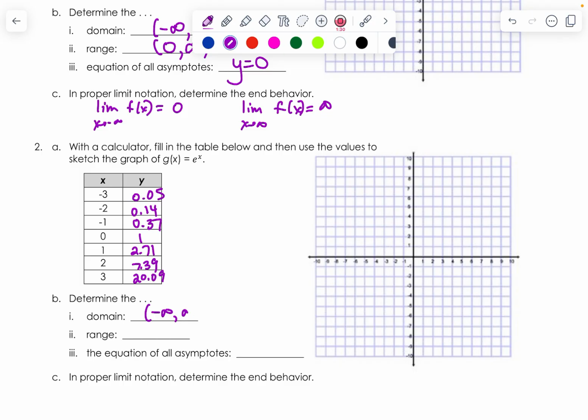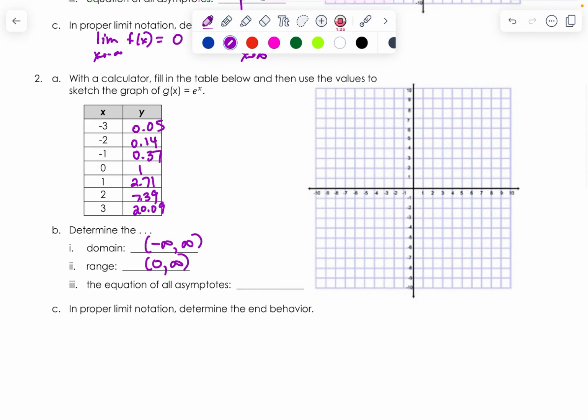So the domain for all exponential functions is negative infinity to infinity. The range starts with 0 to infinity, but if I shift the graph up or down or I reflect over the x-axis, that will impact my range. The horizontal asymptote is impacted by a shift up and down.